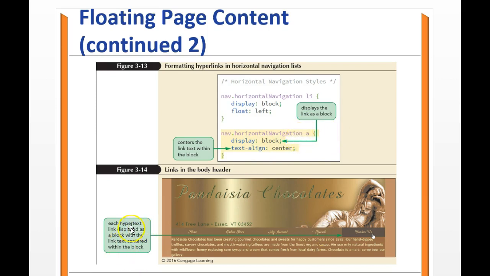Here the chocolatier, the owner, wants it to show up like this. So each hypertext link is displayed as a block, and then the text alignment would be center, so you want this to be centered in each block.